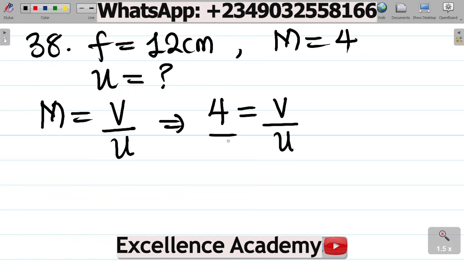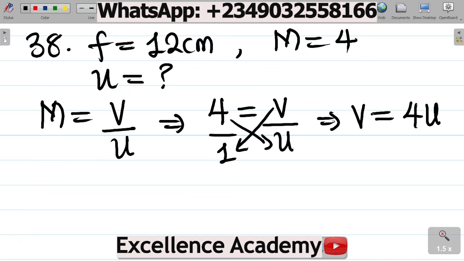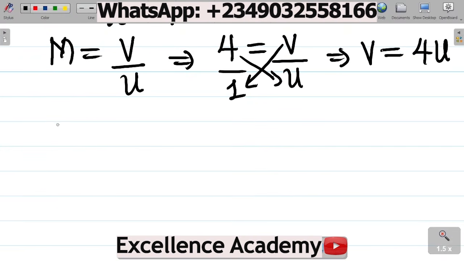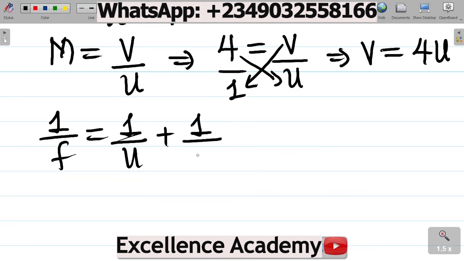If I cross multiply, this is all over 1. V times 1 gives you v is equal to 4 times u, which gives you 4u. So v in terms of u is 4u. Let's use the mirror equation. From the mirror equation, 1 over f is equal to 1 over u plus 1 over v.